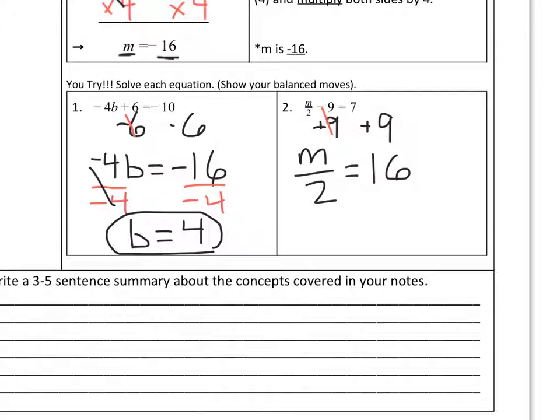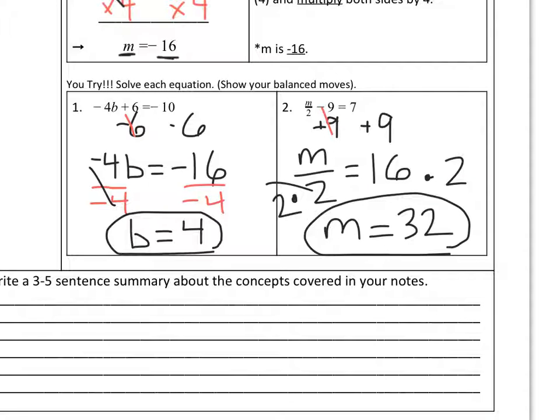Now we have this m divided by 2. To get rid of the divided by 2, we want to do the inverse operation times 2. And I'm just going to do this dot 2 to show my times. So 2 times and divided, those will cancel each other out. We're going to get m equals 16 times 2, which is going to be 32. And we have our solution.